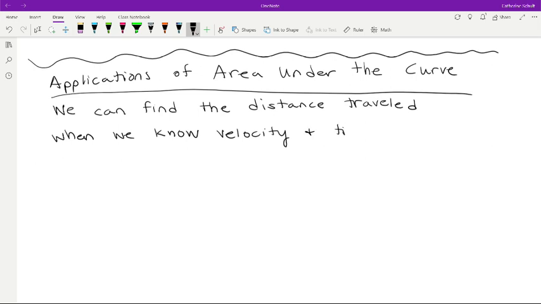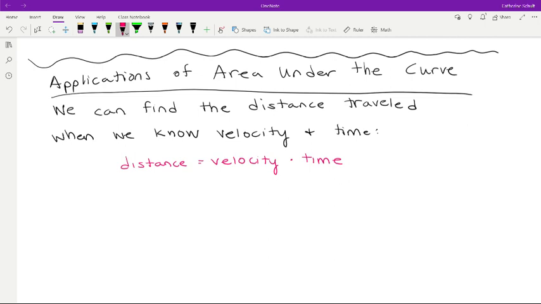And we know the time. Because we have this very simple formula that distance is equal to velocity times time. Think if you're going 60 miles per hour, that's the velocity. For 2 hours, 60 times 2 is 120 miles.